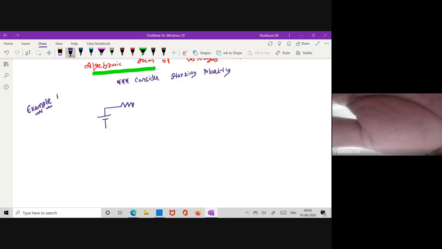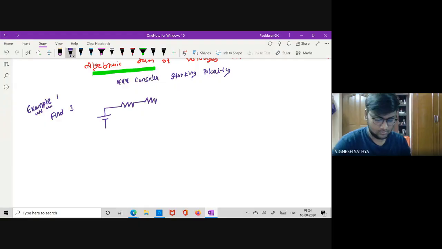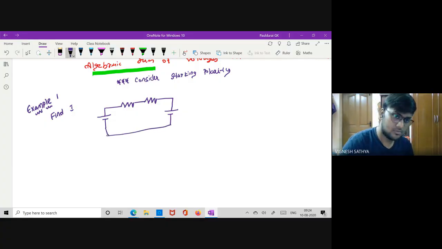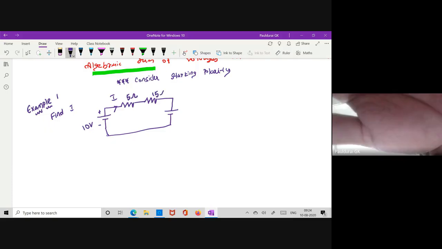Find I. The question is find I. This is 5 ohm, this is 15 ohm. This is again 20 volt plus minus. Find I. Take 2 minutes.